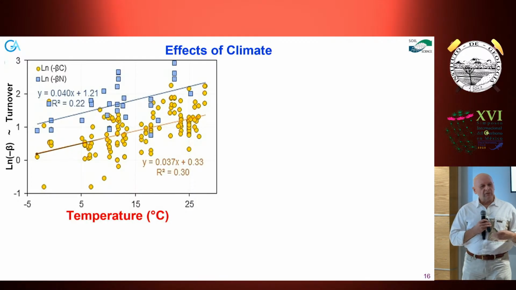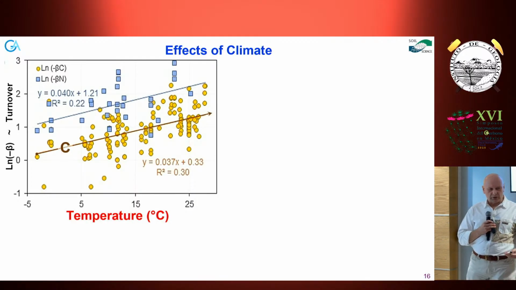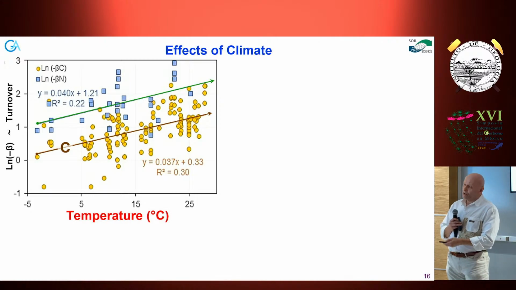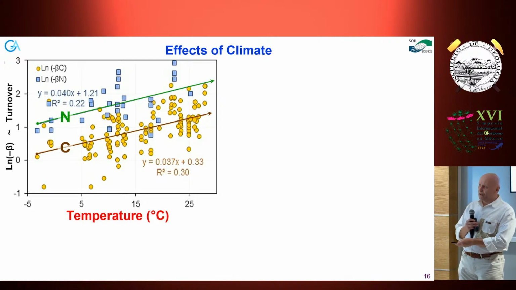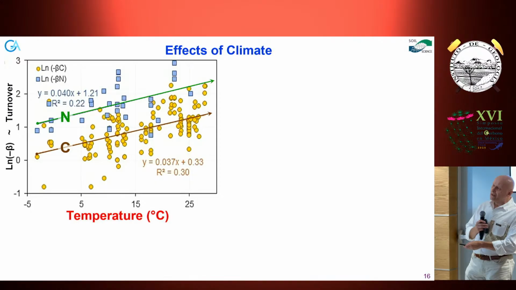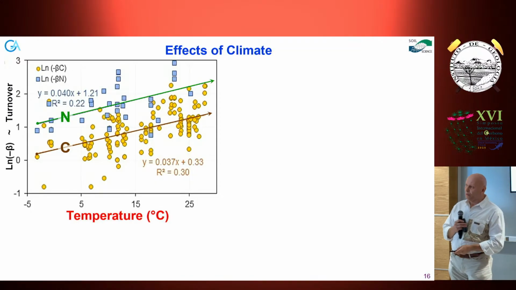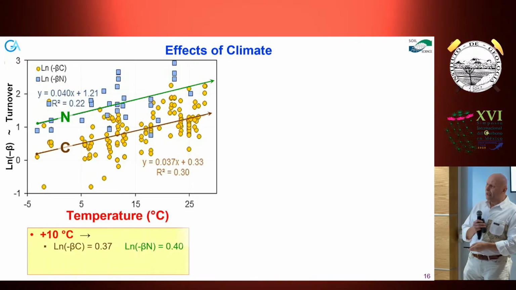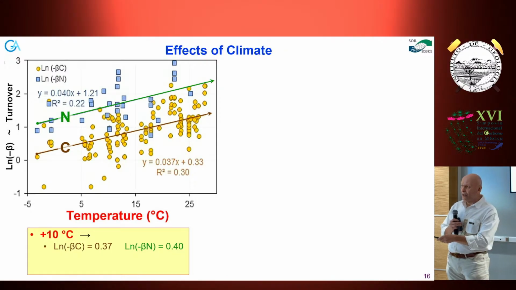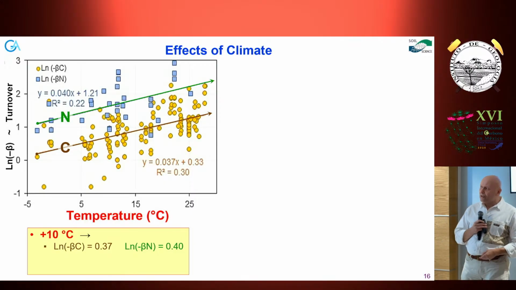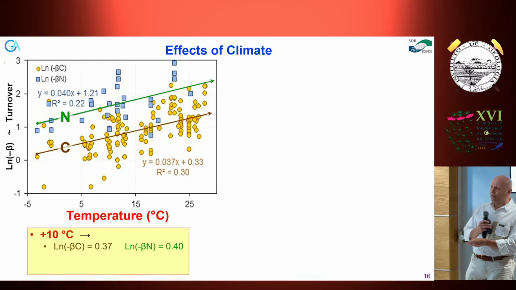Let us look now at the effect of some factors. One of the factors which is very well known is the temperature. You see here again the inclination of the lines which I presented to you before for carbon and for nitrogen. And we can conclude that both lines are going nearly parallel together, but nitrogen is much higher. The regression line for nitrogen is much higher than the regression line of carbon.